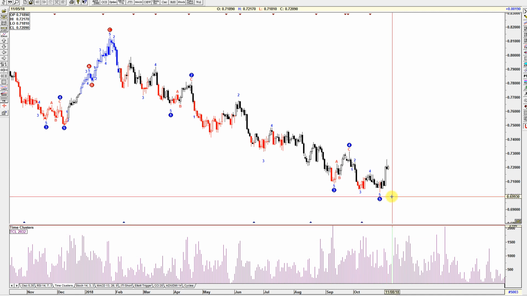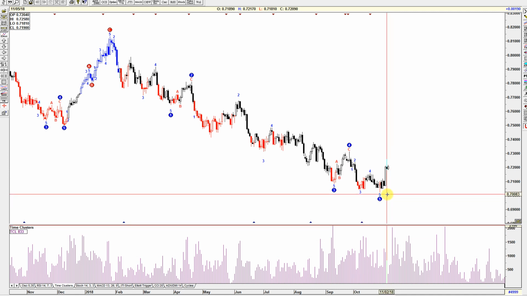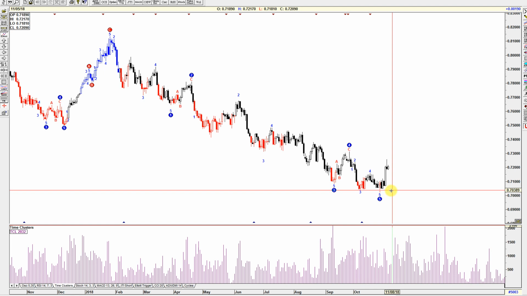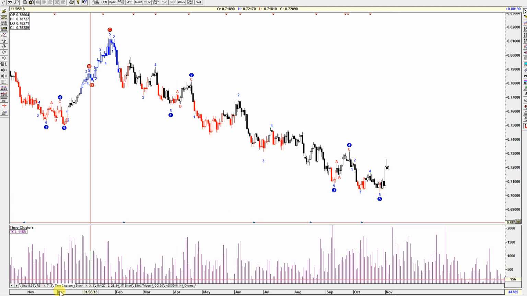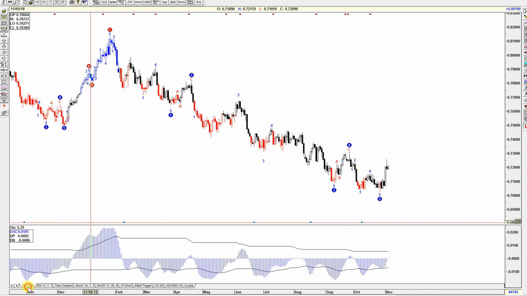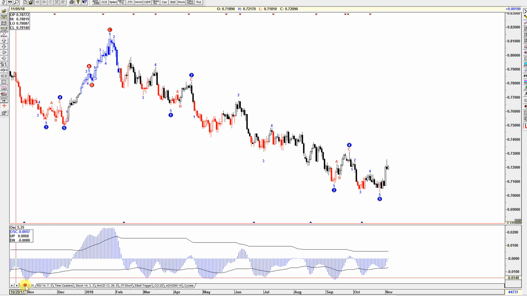So anywhere between today, tomorrow, and the 8th, we could probably have a pullback. I'm thinking more today. RSI, nothing there. Oscillators, you can see that the oscillators were making higher highs while we were making lower lows. So that's a divergence, which is good to know.